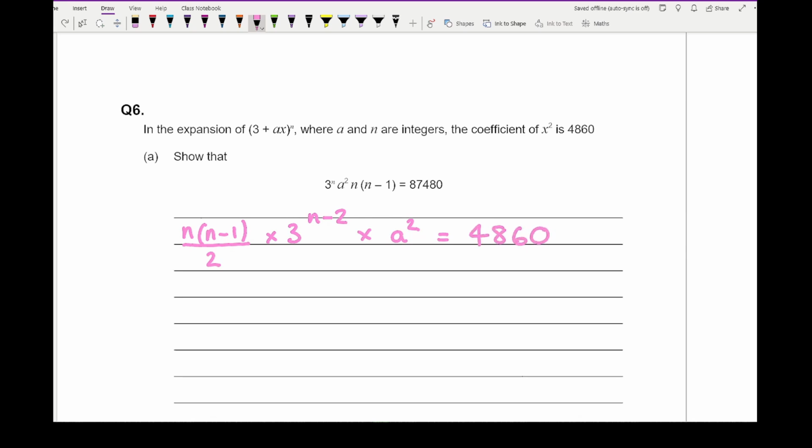4860. Now from this, if I look at this particular part here, I can rewrite 3 to the n minus 2 as 3 to the n over 3 squared.